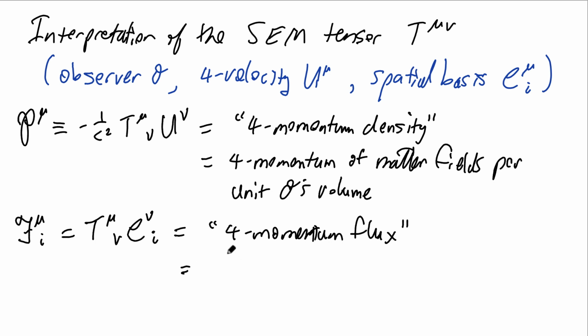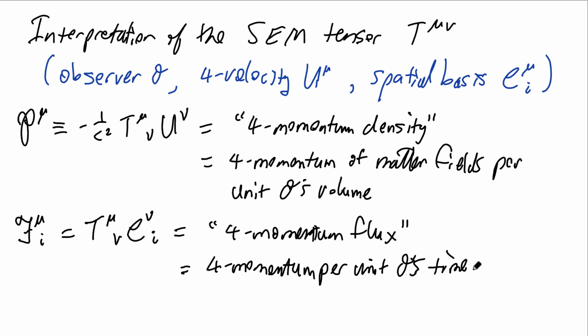So in more detail, it's the 4 momentum of the matter fields per unit O's time. So that's time on O's clock per unit O's area.